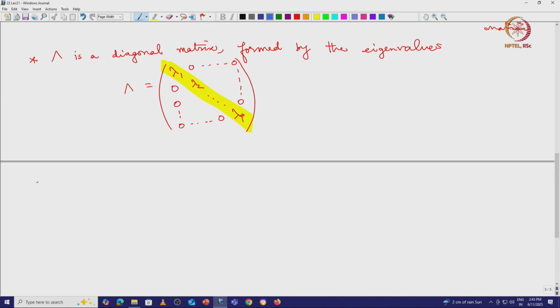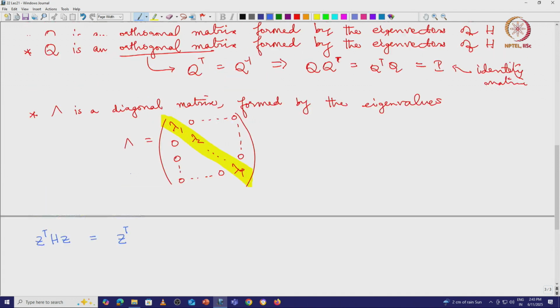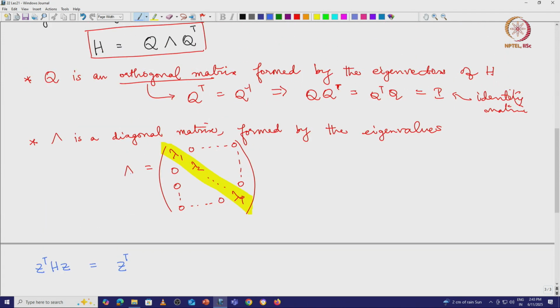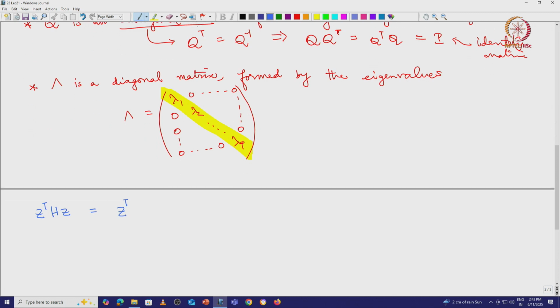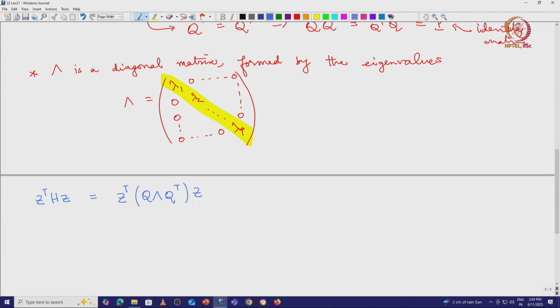So Z transpose H Z, and I am going to omit the arrow above Z, using this eigenvalue decomposition, you get Z transpose Q lambda Q transpose times Z, and this can be written in a slightly different way.